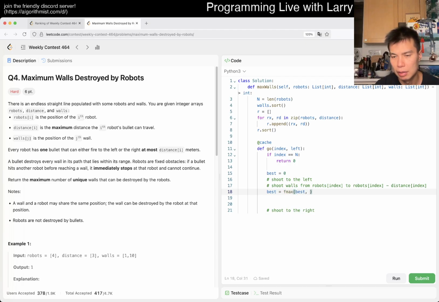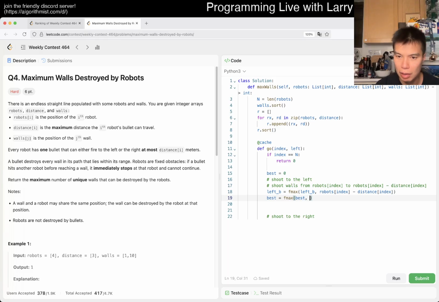So, robots minus distance, so shooting left, so you either go to the left boundary, or robots, right? Pretty straightforward.